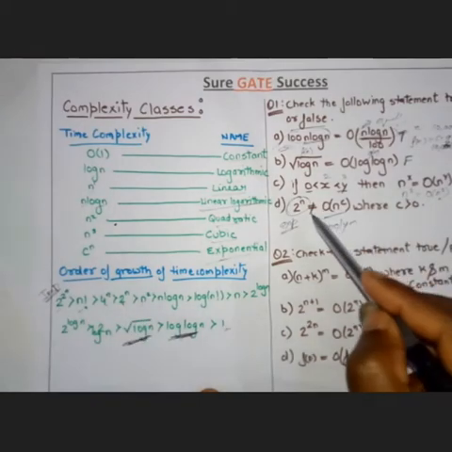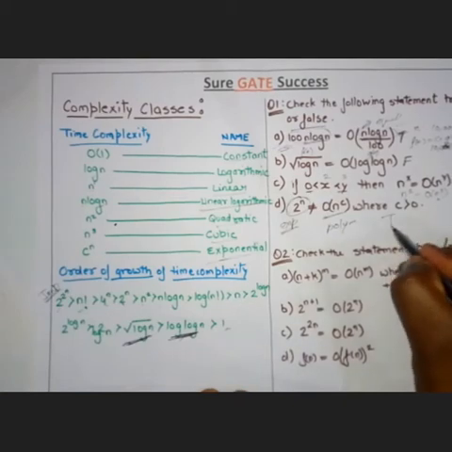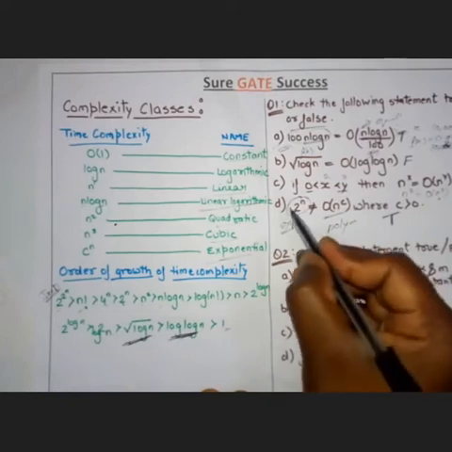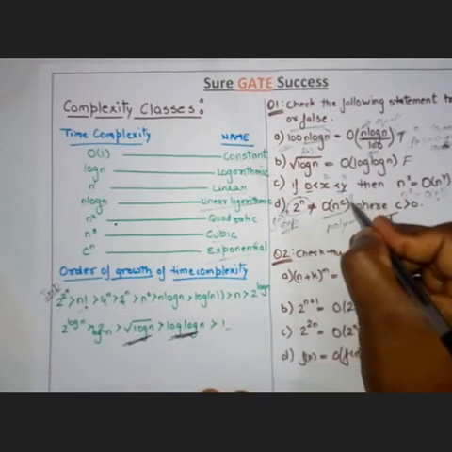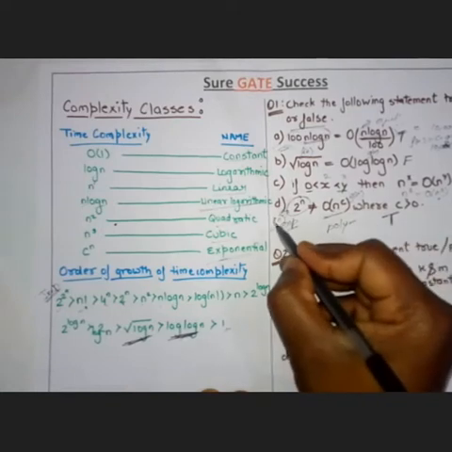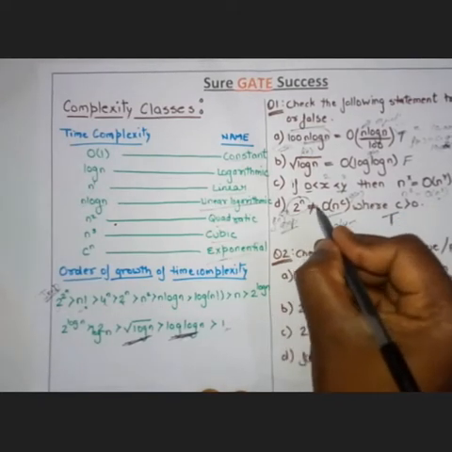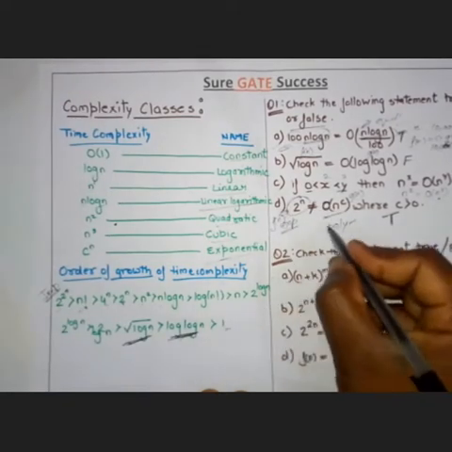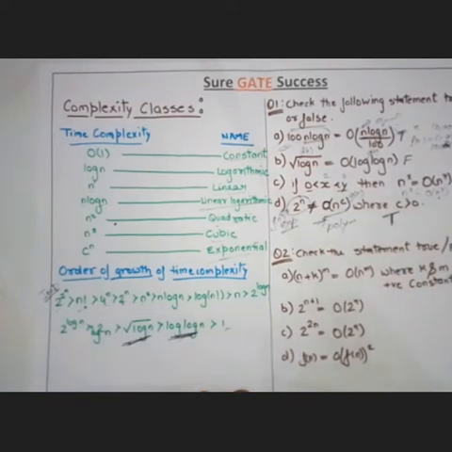So that means this condition would never arise. Because f of n is greater and g of n is smaller. If f of n is greater than g of n, then it would not be equal to big O of g of n. So this condition will be false, therefore the statement is false.